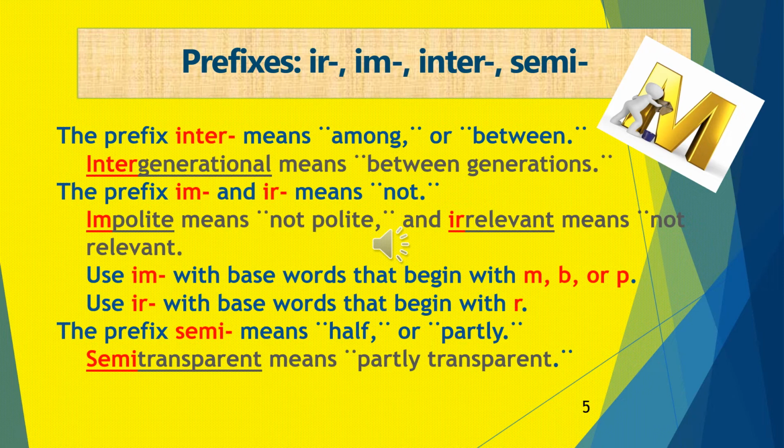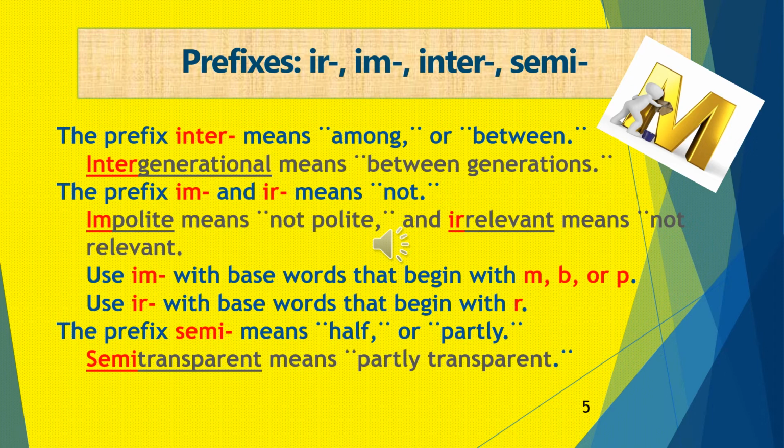So make sure that you remember this, because when you see a base word that begins with the letter M or P, you are going to use the prefix im. And if you have a word that begins with the letter R, you're going to use the prefix ir. Remember, im and ir are prefixes and they mean the same: no.